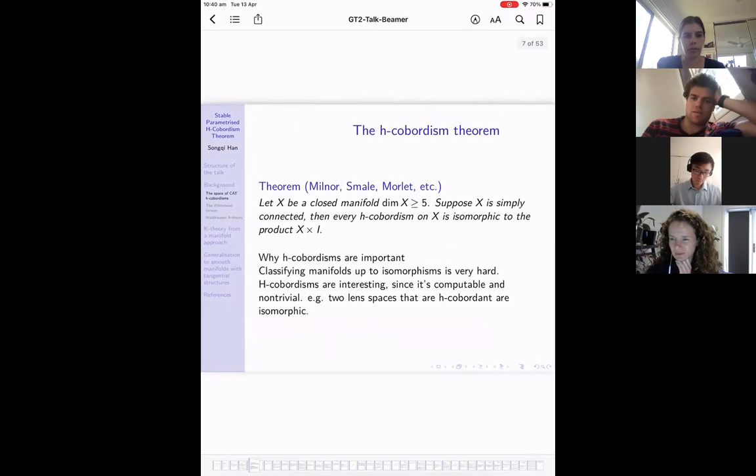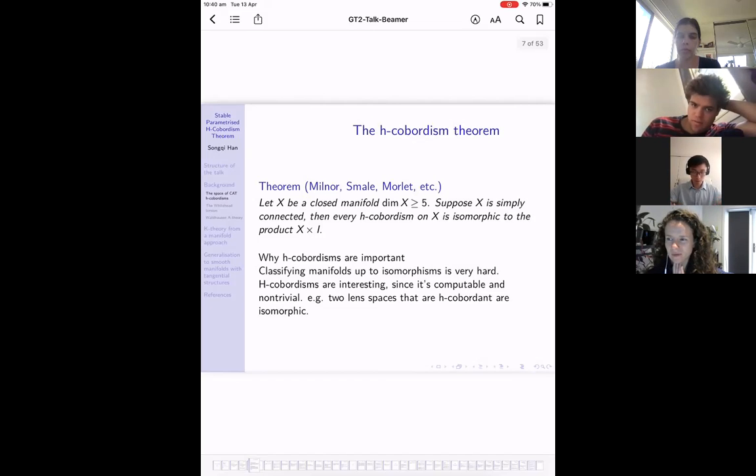Because when we cannot do something, we take a step back and try to do something that is easier, although it doesn't give us as good a result as the thing we actually want. For example, in this case, we want to classify manifolds up to isomorphism, but that is almost impossible. So we turn to a weaker classification.